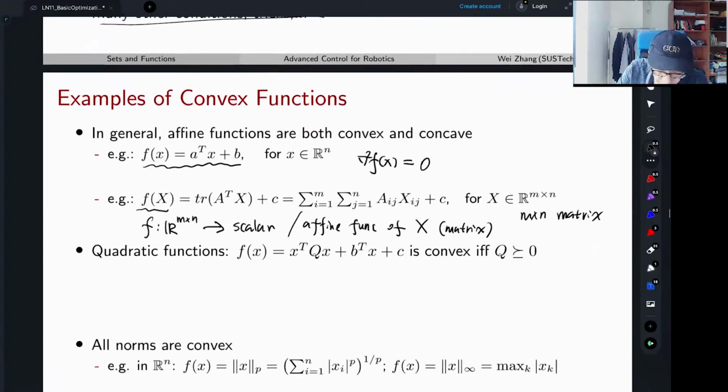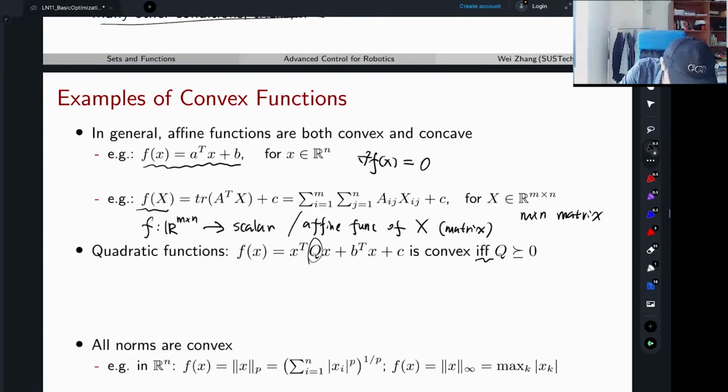Affine functions are both convex and concave, and the quadratic function is another very important class of functions that we often use, especially in robotics. The quadratic function does not need to be convex. It is convex if and only if the quadratic term, the Q matrix that defines the quadratic term, is positive semi-definite.